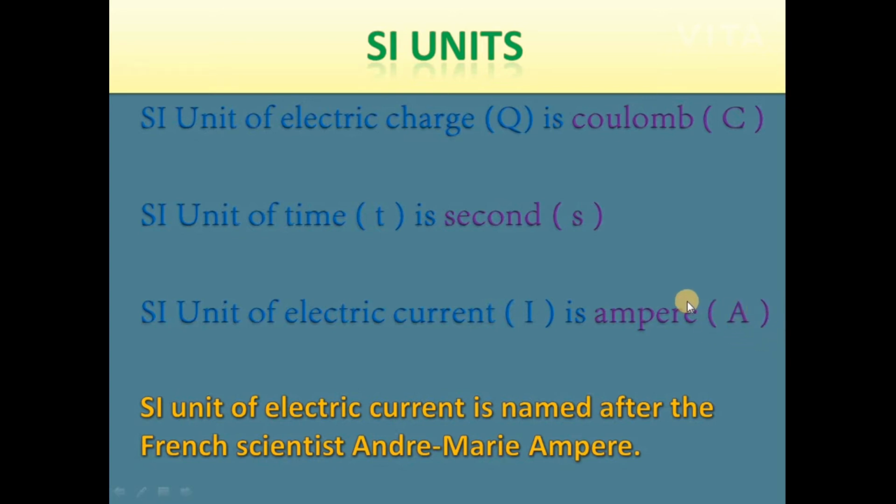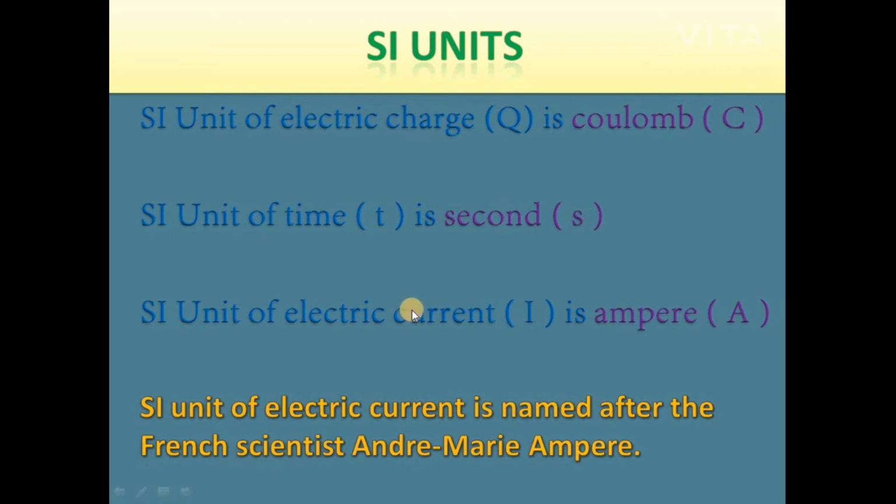While writing it as a word, you use small letters, ampere, and if you want to represent it as a symbol, you write capital A. Here also coulomb is in small letters, and the symbol C is capital. The SI unit of time is second, small s.